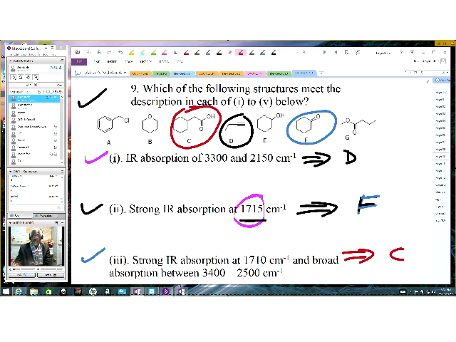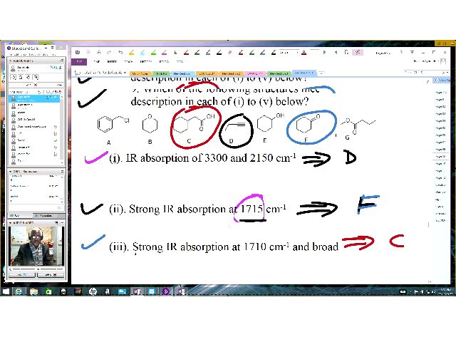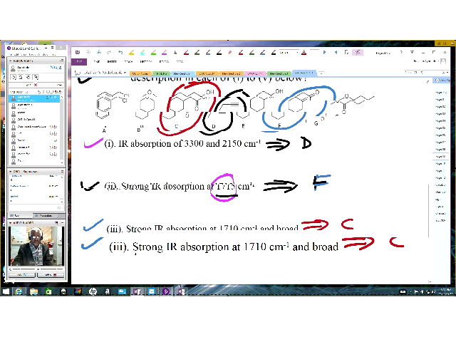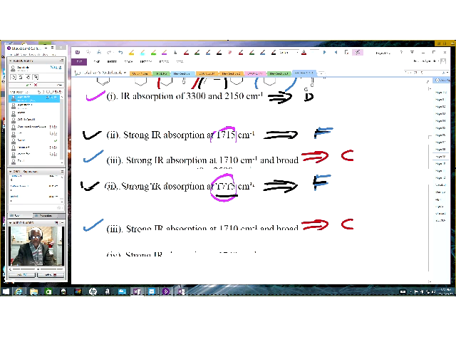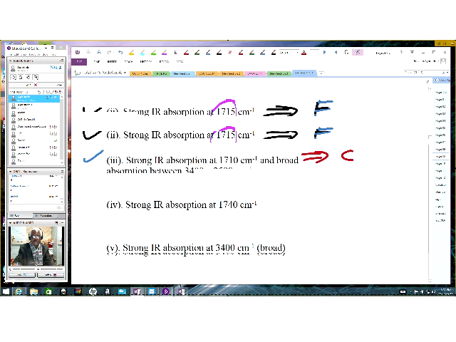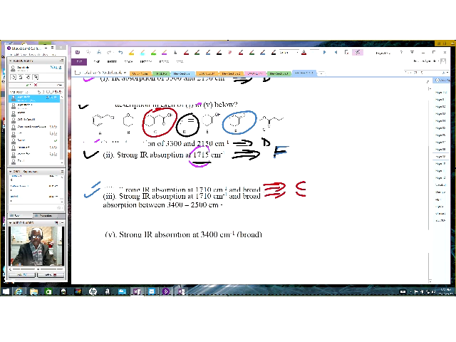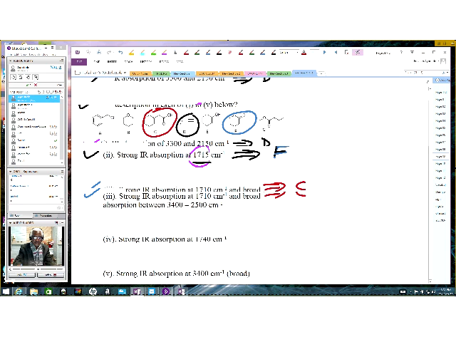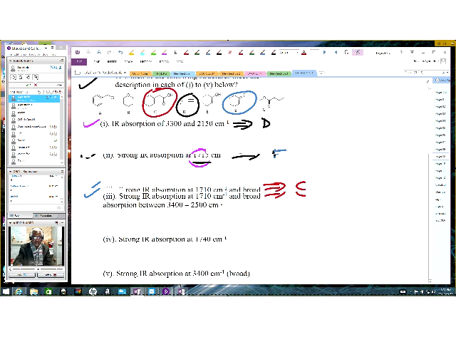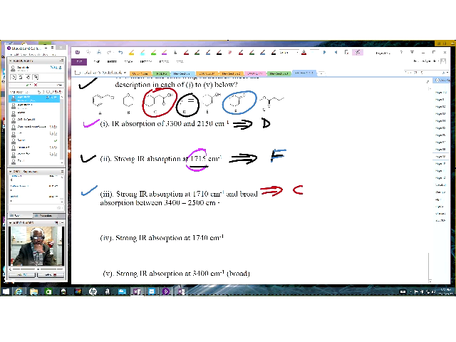Okay, now we have 4, a strong infrared absorption at 1740.